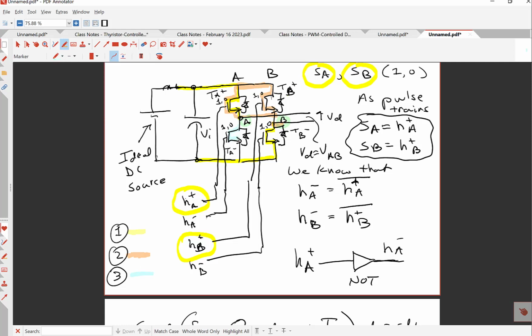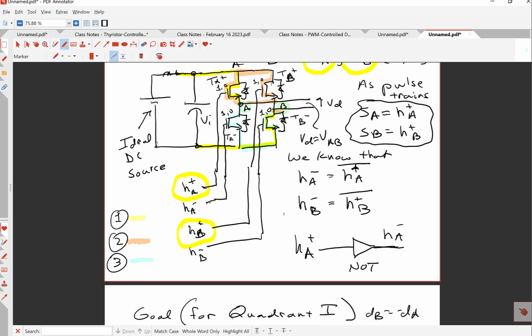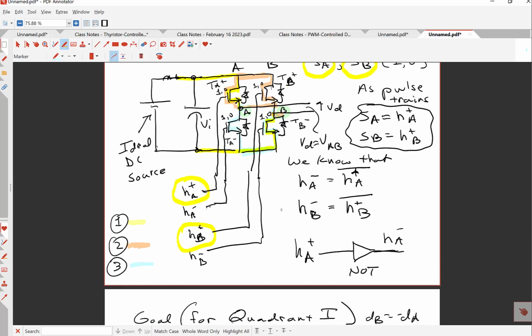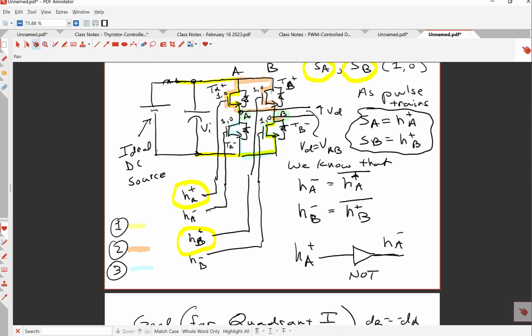So now TA plus is 0, that means TA minus is on, and TB plus is 0, which means TB minus is on. So we have both of these, but we're applying a 0 except by switching these two. So you have a very interesting thing that happens. This is what's called adjacent state switching.